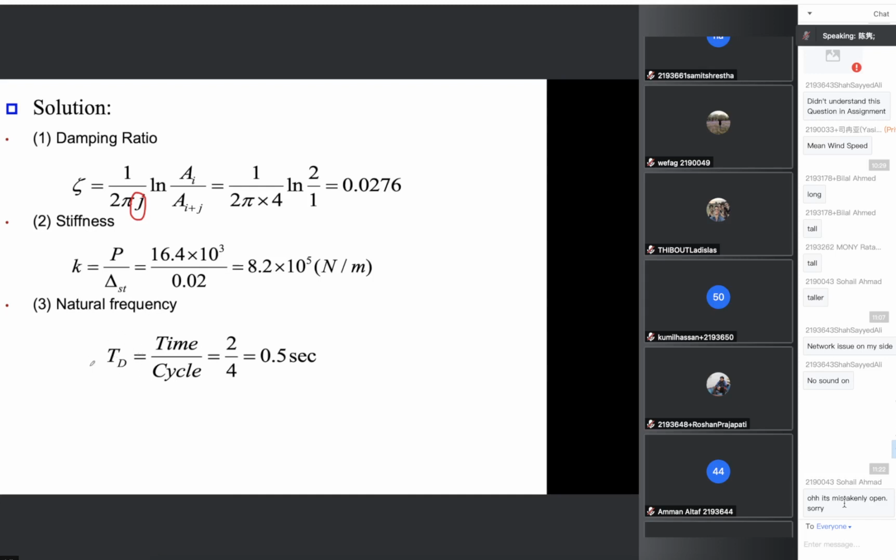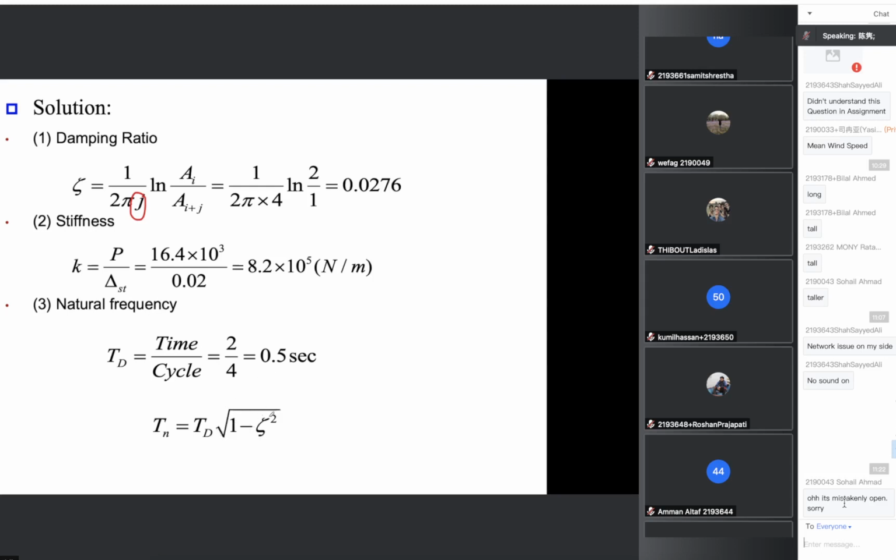But remember, this one should be TD, not TN. And we need TN. I'll let you know why we need TN soon. We need to determine TN for the case. Then TN equals TD times this one, times this one.